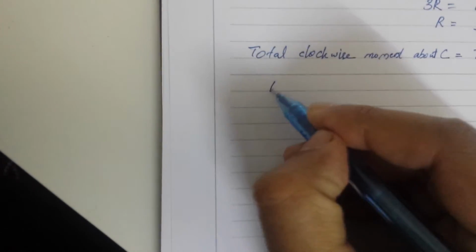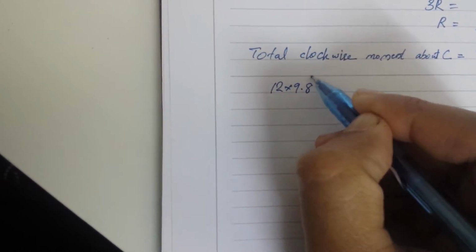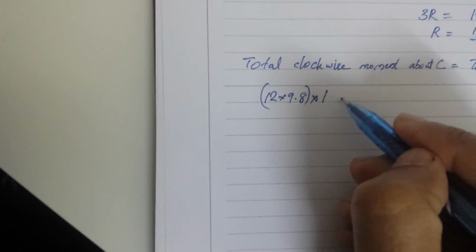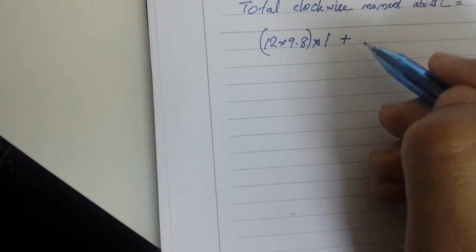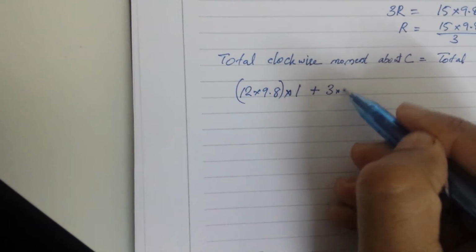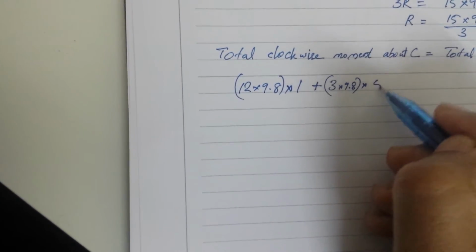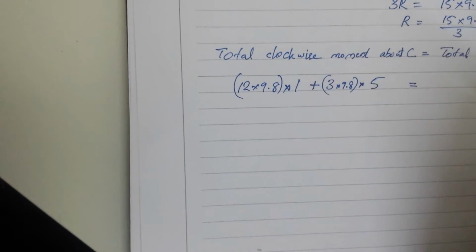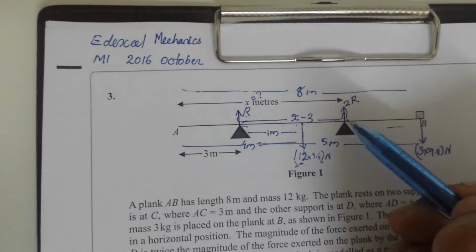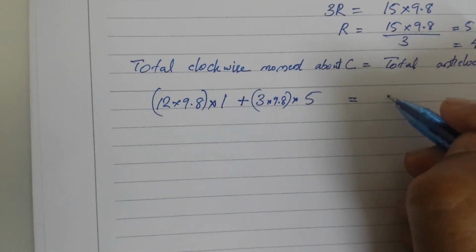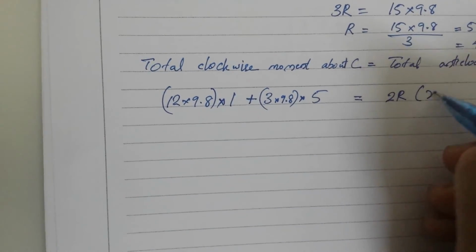So 12 into 9.8 is a force times the distance 1, plus another one, 3 into 9.8 multiplied by the distance 5, is equal to the anti-clockwise moment, which is 2R times (x minus 3).